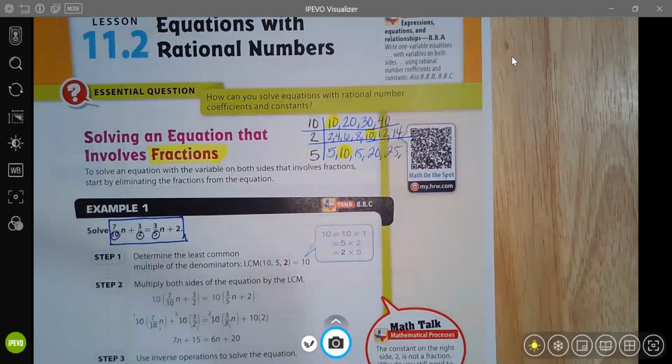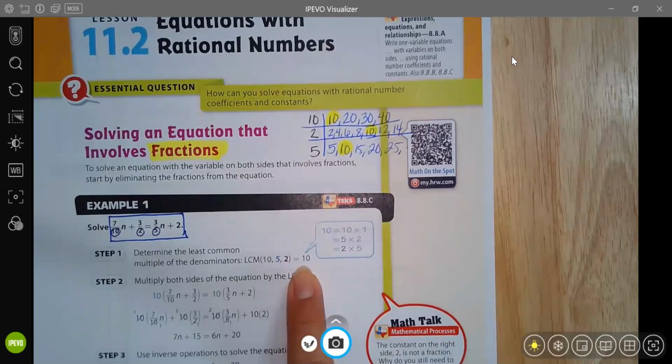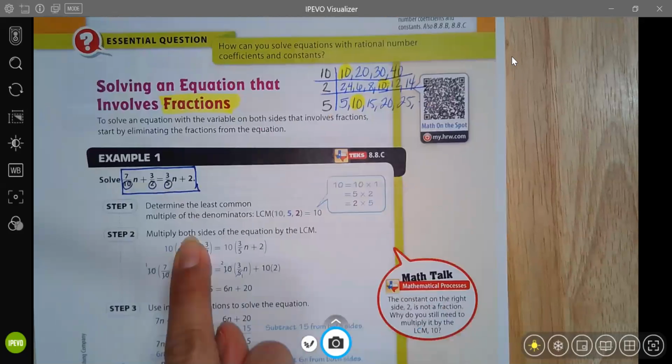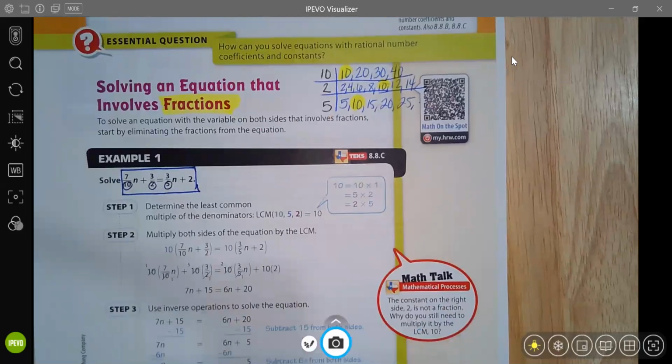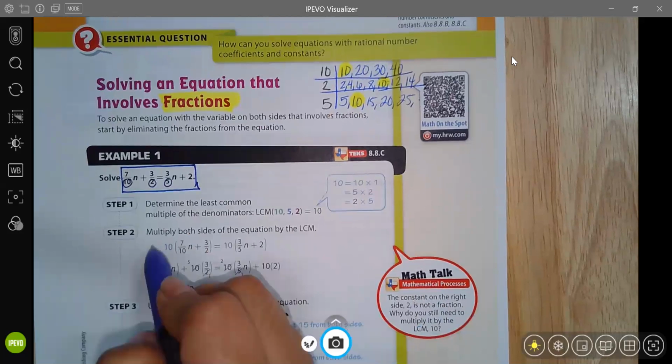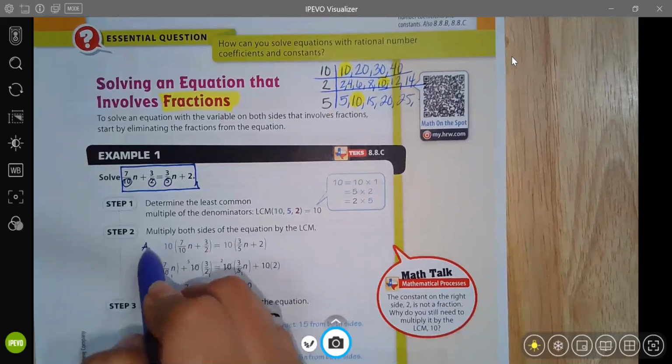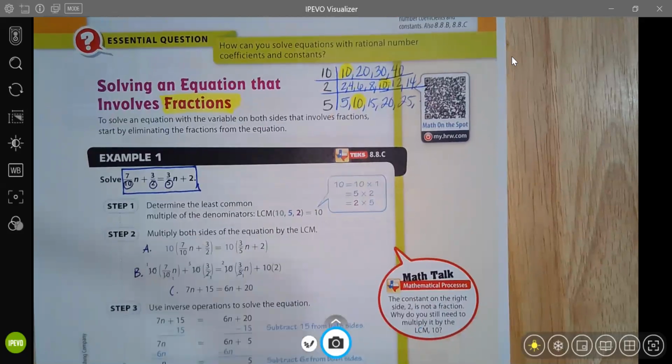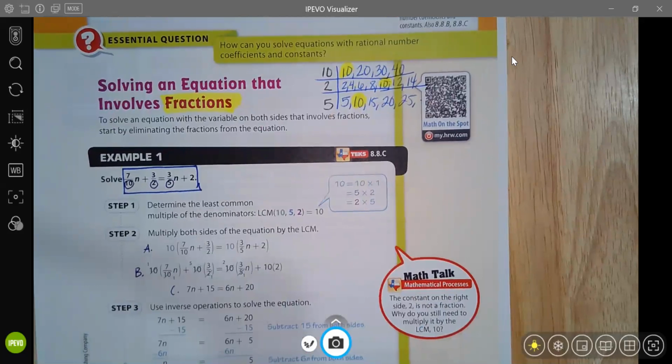Okay, so now that we have our LCM is 10, because we found it together, now it says to multiply both sides of the equation by the LCM. So I want you to look at this one here. I'm going to label this A and this B so you can really focus and see what I'm talking about. I'm probably going to rewrite this just because we're going to break it down for you.